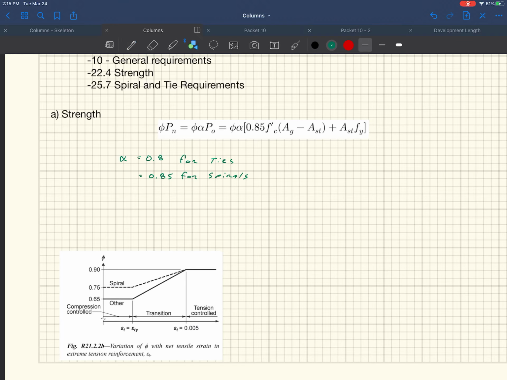To get a little bit of reward there for using spirals versus ties. There's another reward down in our phi factors as well, but what these guys are for is to account for accidental eccentricities.